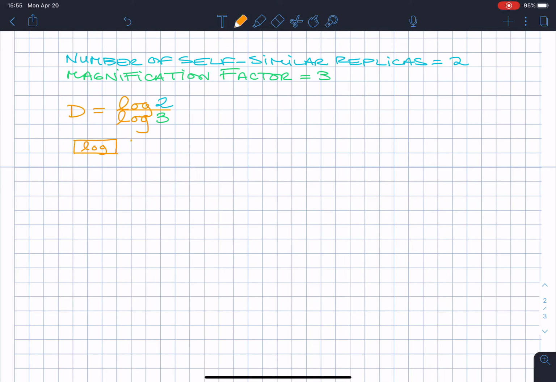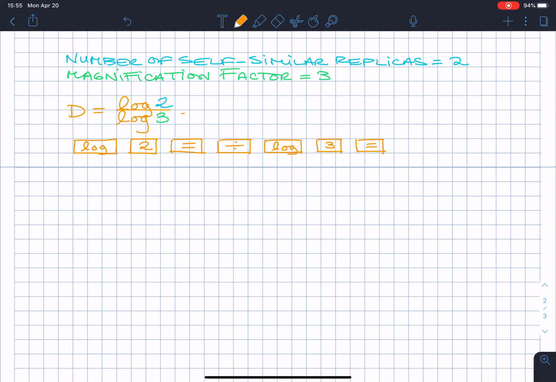Then you're going to press 2, and then equals, and then divided by, then log, and then 3, and then equals.